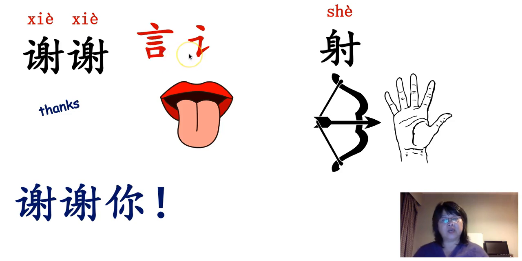When we say thank you to people, we have to use our mouth, so we need to use language to say this. On the right, it's like a bow, and on the right hand side you're using the hand to pull the bow to shoot. So we take the right hand side 射 as the pronunciation. Put these two together: 谢谢, thank you.